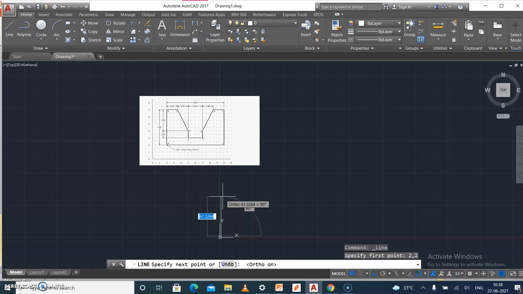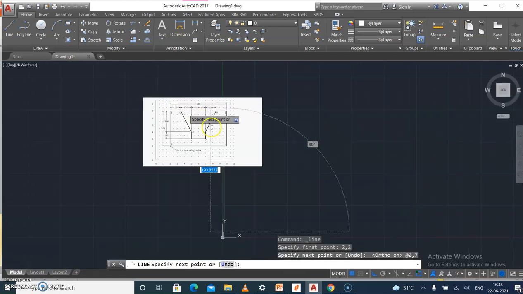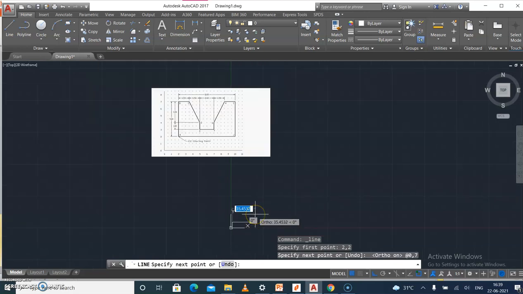Then the next point is 0, 7. Enter. Then the next point is 1.5. So that time y is 0, but 1.5 is the x value. So 1.5 comma, y-axis is 0. Enter.